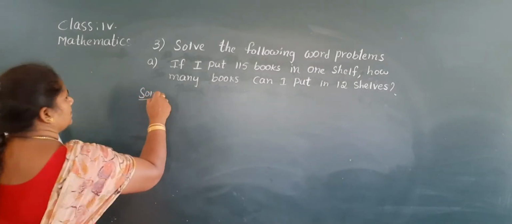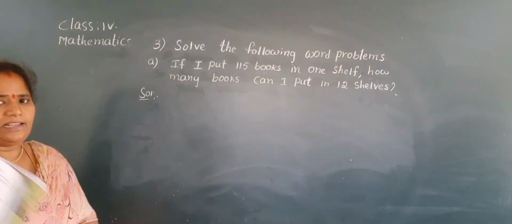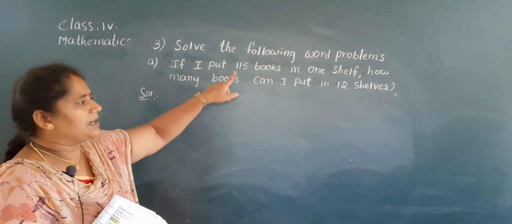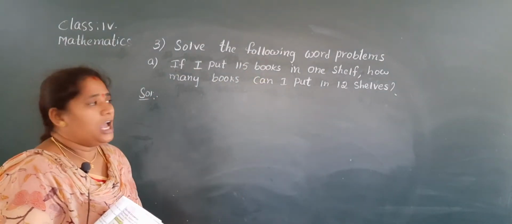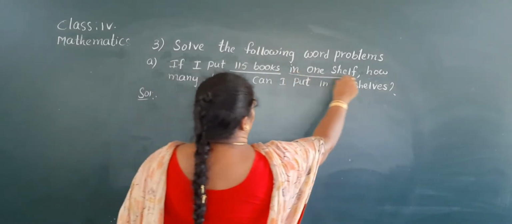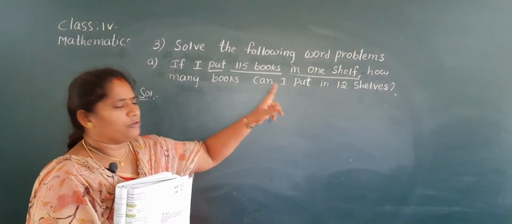A. So my dear children, first you read the problem, Nana. If I put 115 books in one shelf, how many books are put in one shelf, children? Yes, 115 books are put in one shelf. How many books can I put in 12 shelves?